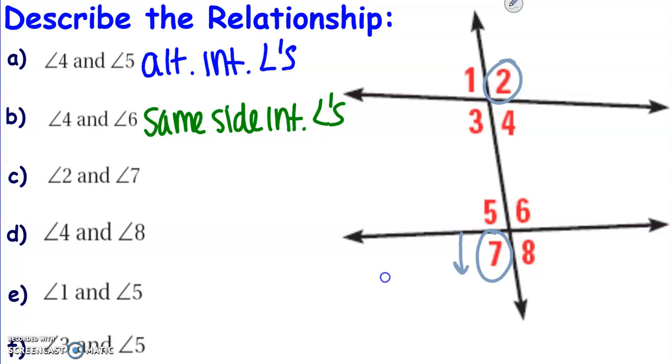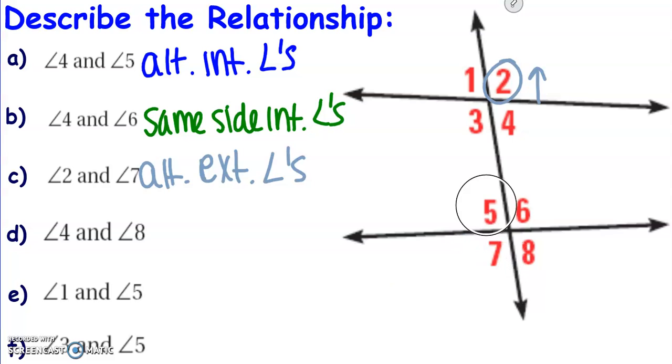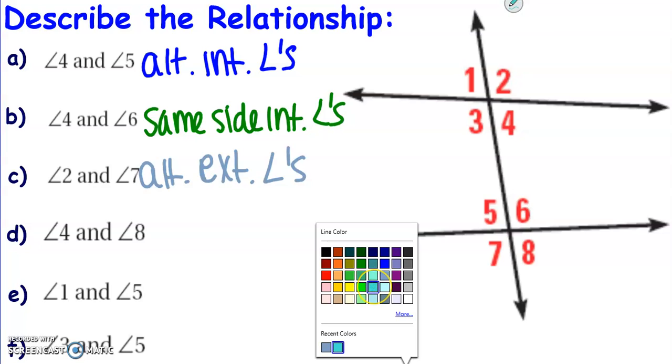These are on the outside of my two lines and they're on opposite sides of the transversal. So alternate for opposite sides and exterior for outside. So alternate exterior angles. Angle 4 and angle 8.